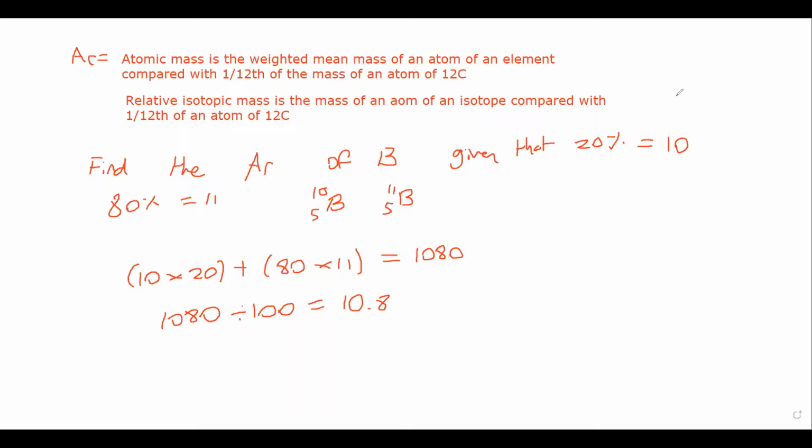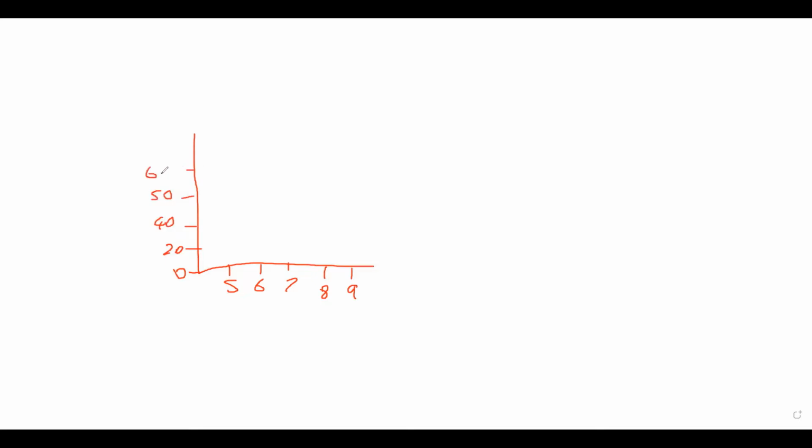So we can be given mass spectra to work out the relative atomic mass as well. So here we are told that we have a mass spec of lithium, and we are told that we have two isotopes on this.